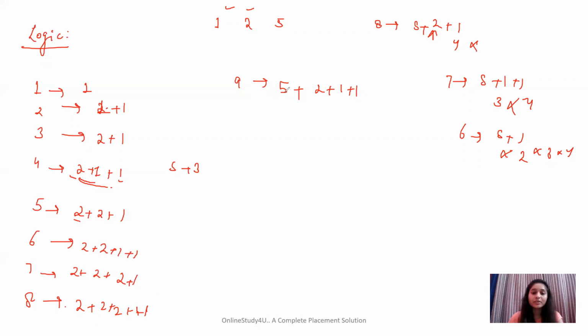Yes, absolutely, because this pattern covers 1 to 5. I can make all the numbers from 1 to 5, so I can also make 5 plus 1, 5 plus 2, 5 plus 3, 5 plus 4. So that is why I would be able to make everything from 1 to 8 using the 5 plus the pattern of 4.